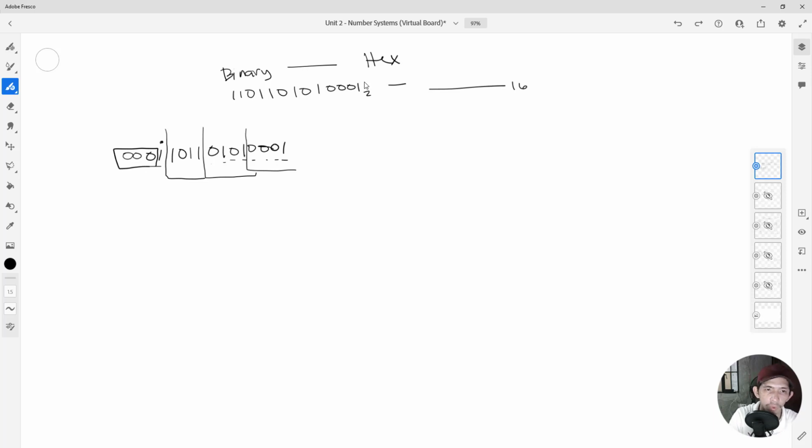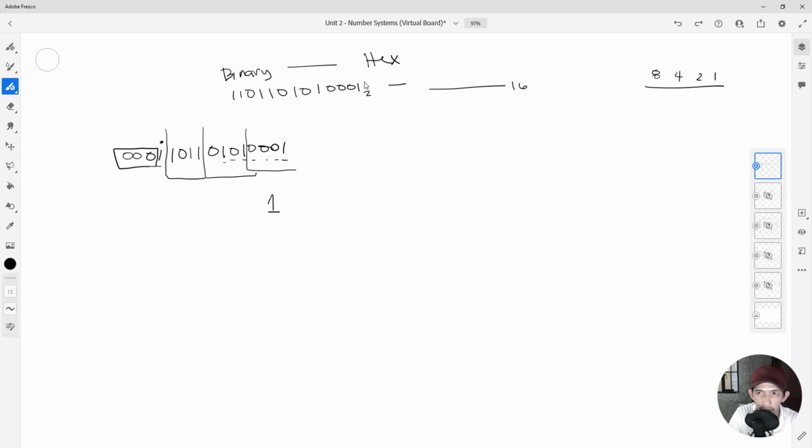Okay? So, and then, hahanapin lang natin yung value na ito sa ating table of equivalences. So, since alam naman na natin yung 1, 2, 4, and 8, okay, alam na natin yung magic numbers natin. So, malalaman na natin to. So, 0, 0, 0, 1, that is 1. Diba? 0, 1, 0, 1.